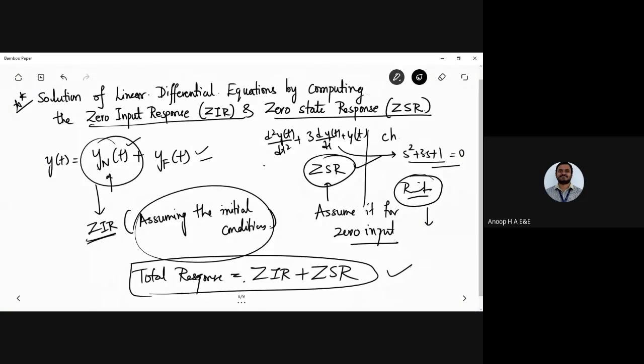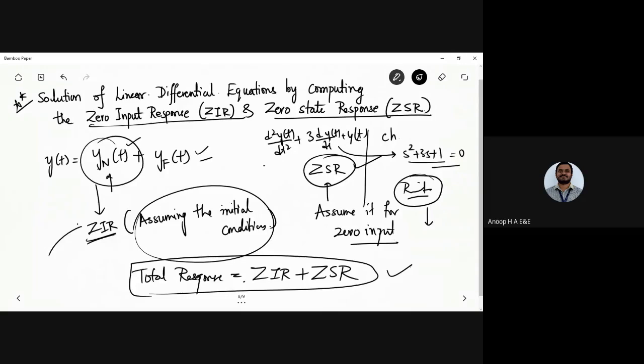Now we equated the input to be equal to 0, in the absence of the input. So we were calculating the natural response of the system. Now, the zero input response is equal to the natural response of the system. But in the case of the natural response, we didn't assume the initial conditions. In the problem where you calculate the zero input response, you have to consider the initial conditions given in the differential equation.